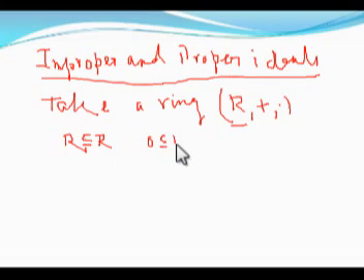So these two subsets, R and 0, are two ideals.